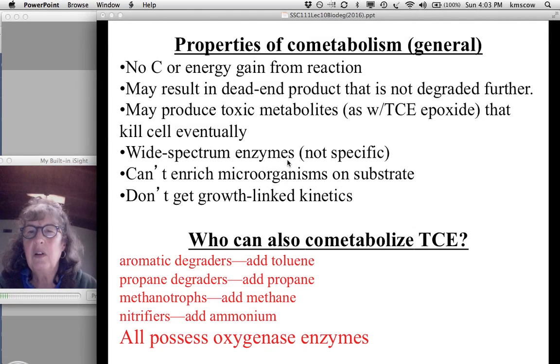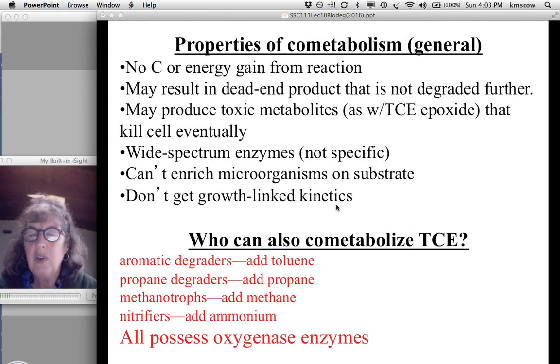The enzymes are often wide spectrum, right? They're not really specific enzymes. That's why they're promiscuous and they accidentally break down the wrong chemical. It's hard to study because you can't enrich microorganisms on the pollutant that you're wanting to study in this co-metabolic system because they're not growing on the substrate. But it's a pretty interesting kind of metabolism that is harnessed quite a bit in remediation.